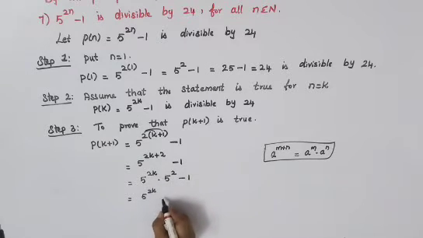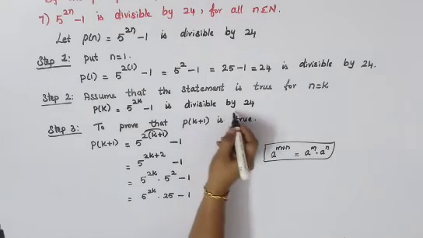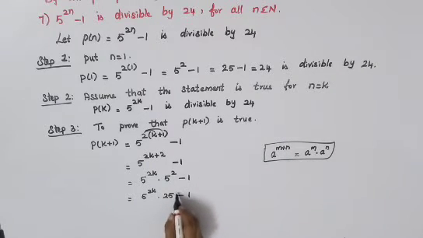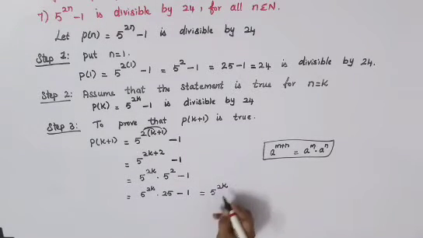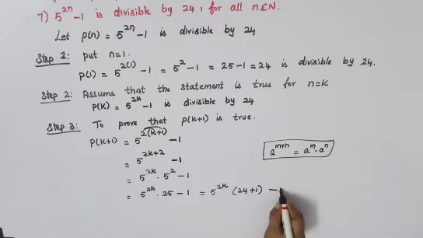This 5 square will become 25 minus 1. So now we need only divisible by 24. The number should be divisible by 24. Try to replace this 25 with 24, which is equal to 5 power 2k. This 25 you can write it as 24 plus 1. This minus 1 as it is.